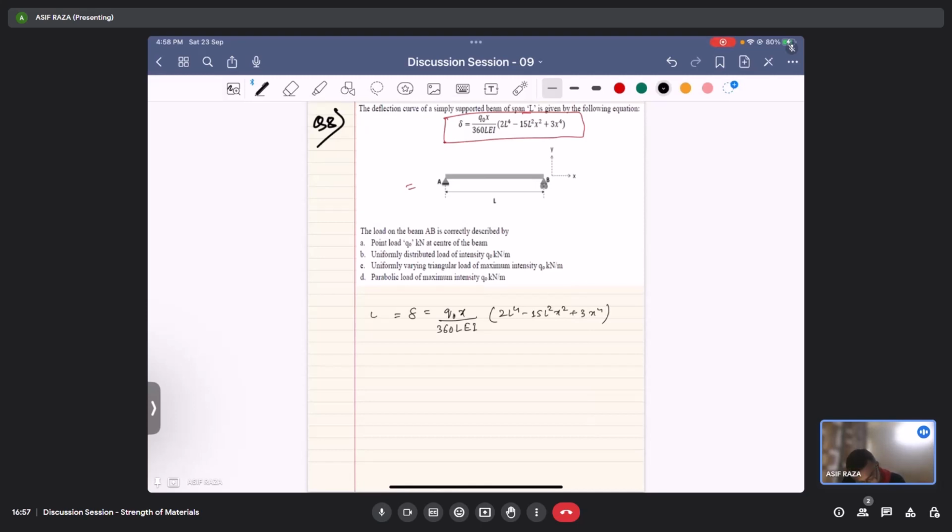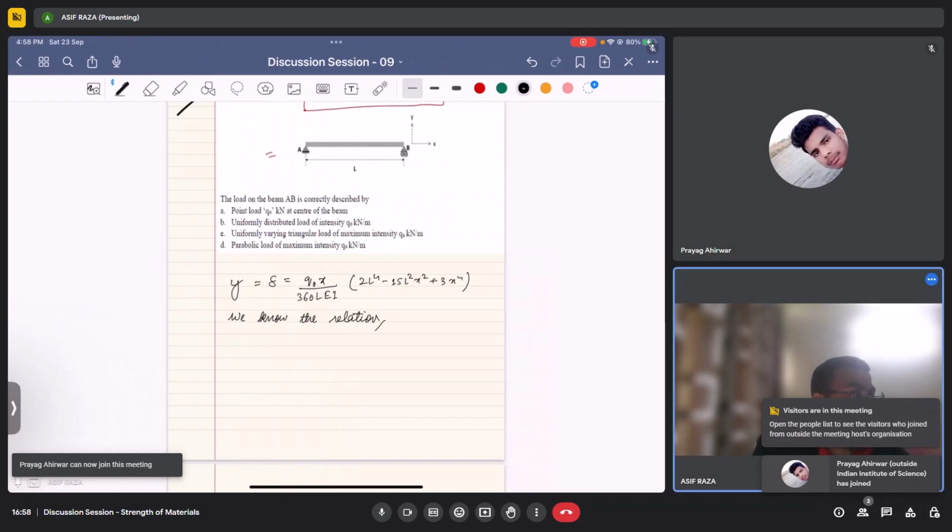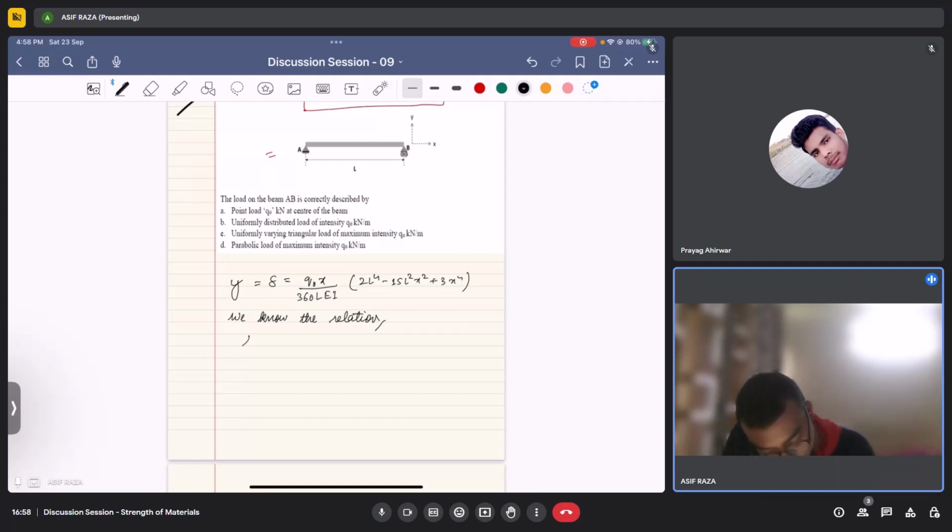Now we know the relation of loading: load q is equal to EI times the fourth derivative of y with respect to x, d4y by dx4.